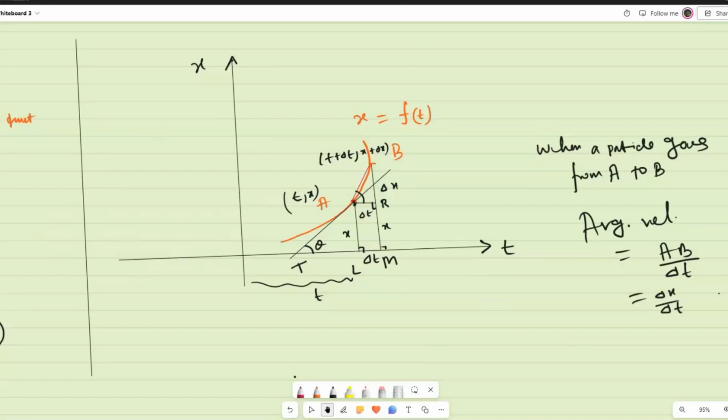Is it possible to define velocity at the point A, velocity at the point B, velocity at any arbitrary point P on the curve?